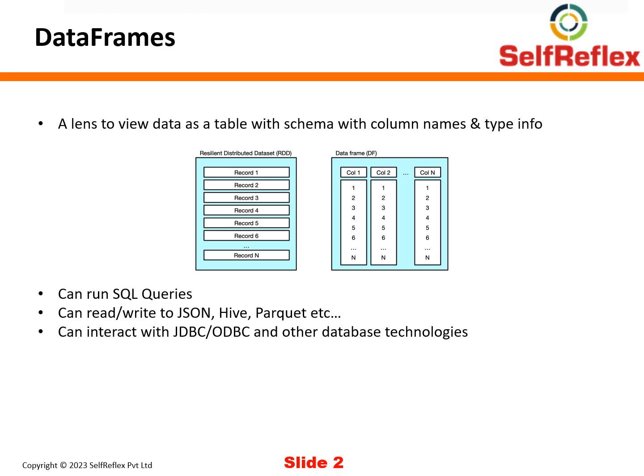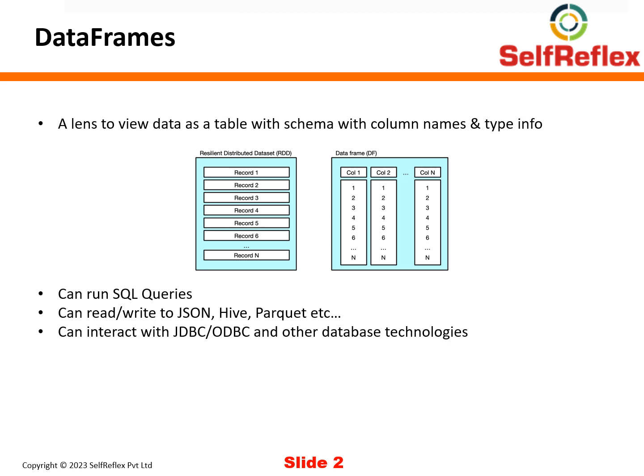Data frames provide a higher-level abstraction compared to RDDs. A data frame can be thought of as a table in a relational database, or a data frame in Python's pandas library, right? The data frame in Spark offers a structured and schema-based approach to working with data. It provides rich optimizations and built-in functions for data manipulation, filtering, aggregation, and more.